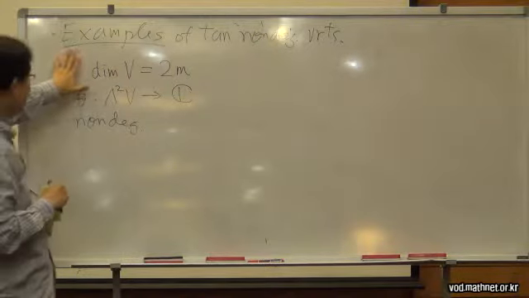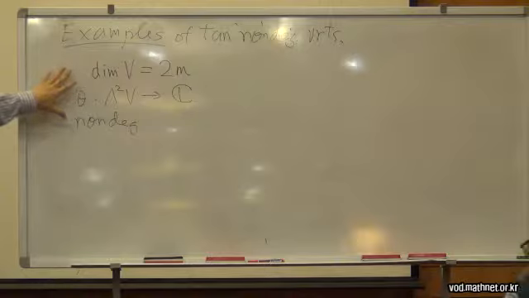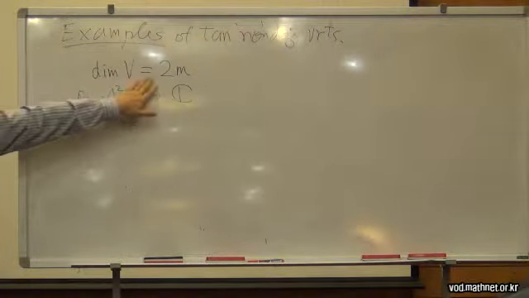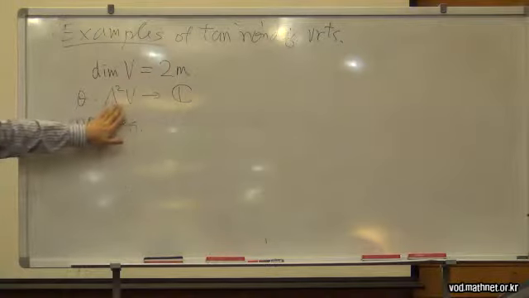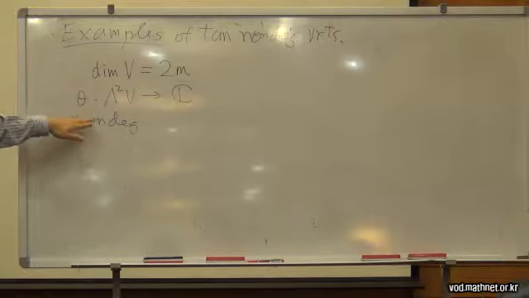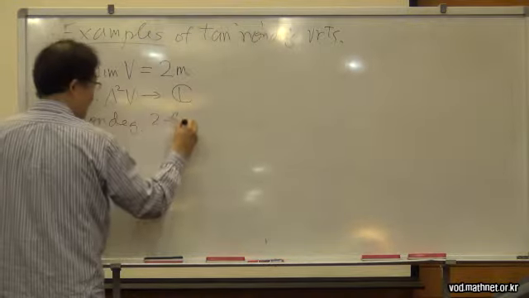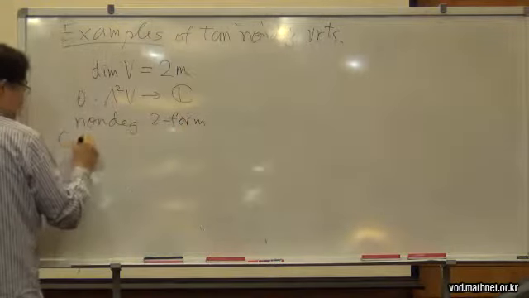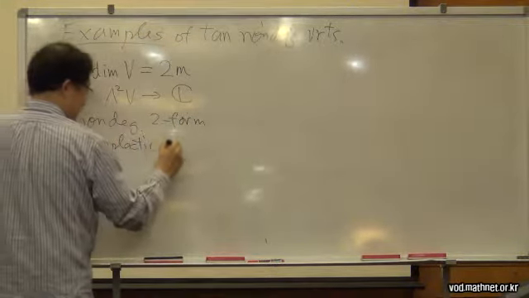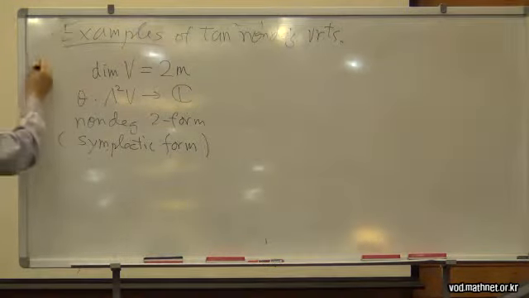Okay, so let's consider the following situation. Because this is well known, I'll start with this example. You are considering an even dimensional vector space with a two form, and you have the notion of a non-degenerate two form. This is sometimes called a symplectic form. So let's consider this situation.